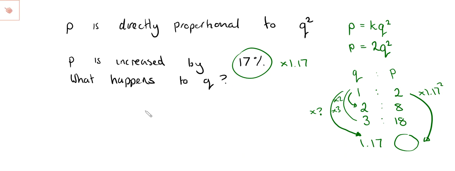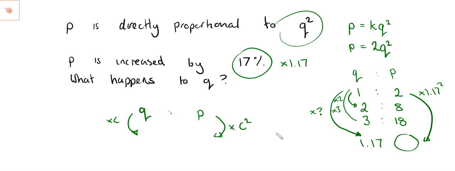So if I multiply Q by C, because of the squared, P will be multiplied by C squared. Simple as that. If this is multiplied by 1.17, this is multiplied by 1.17 squared, which is 1.3689.